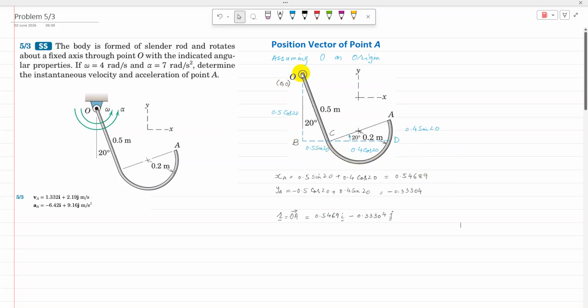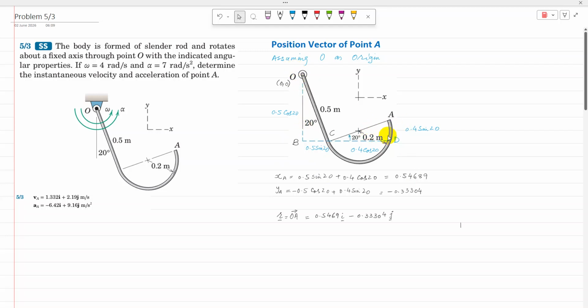Now the x coordinate of point A from origin is BC plus CD. So BC is 0.5 sin 20 plus CD is 0.4 cos 20, and it is 0.54689 meters.